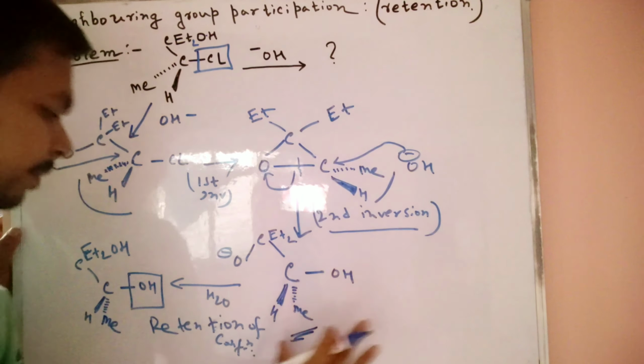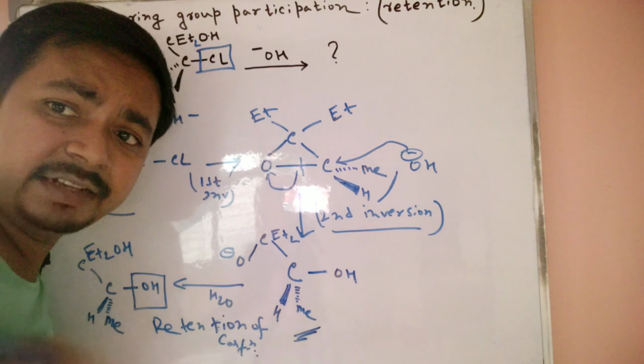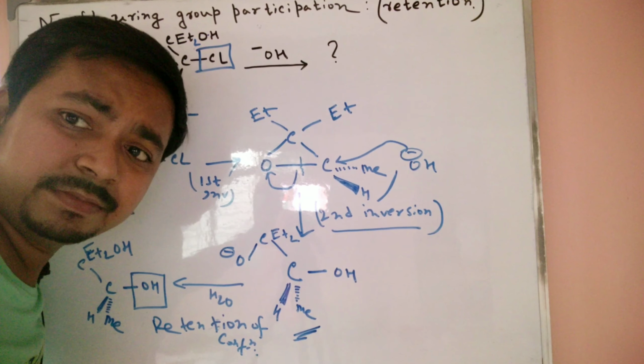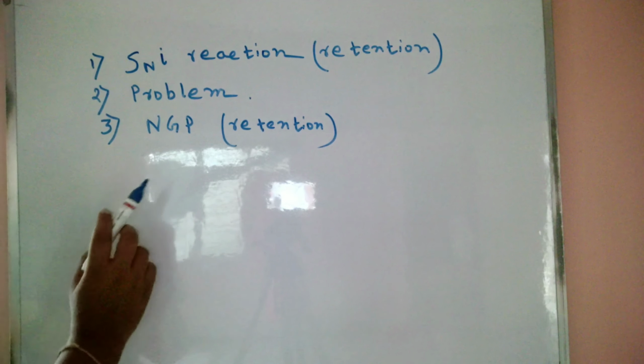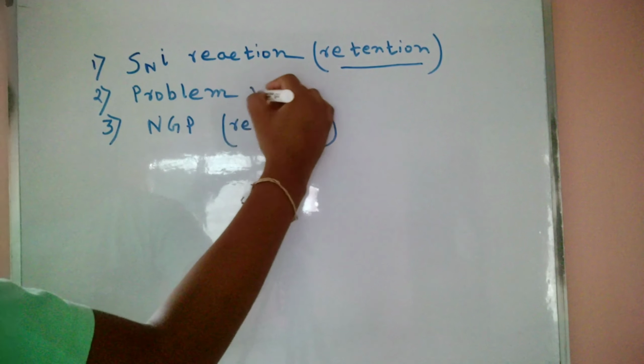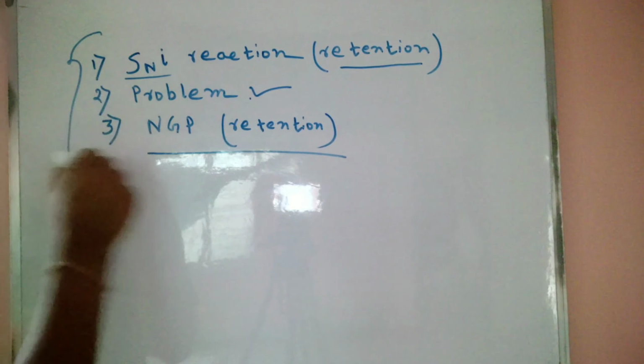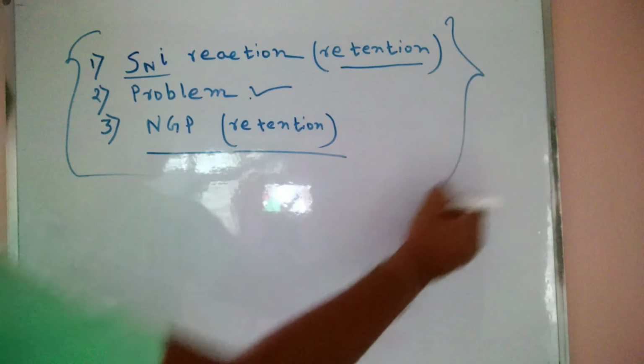So after double inversion, we get the retention of configuration product. We can easily say that this is the NGP mechanism. In total we covered 3 topics: the SNi reaction, which gives retention, then a type of problem on the SNi reaction, and then NGP retention. These 3 were covered in this discussion.